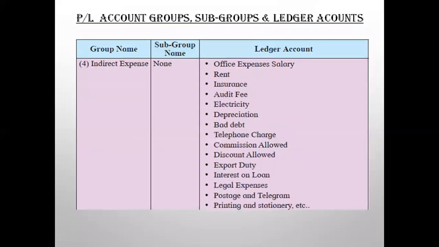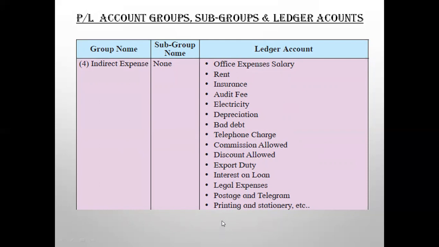And under indirect expenses come all your expenses which your company pays. The office expenses, salary, rent paid, insurance, audit fee, electricity bill paid, depreciation account, bad debt, telephone charges, commission allowed, discount allowed, interest on loan, export duty, legal expenses, postage and telegram, printing and stationery. All these are examples.